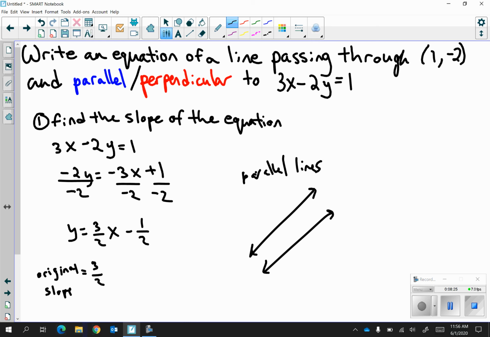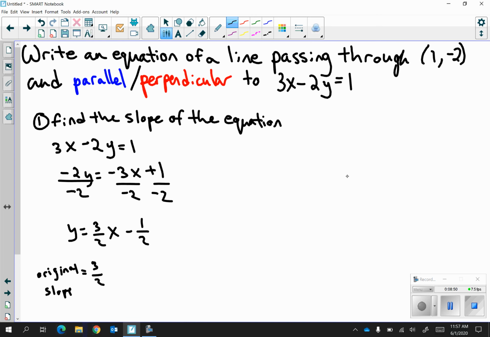And that is terrible handwriting, but you get the idea, hopefully. Parallel lines have the same slope. So if you're doing this equation for the parallel lines, your original slope is going to be the same slope as your equation for the parallel line.